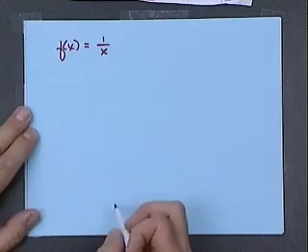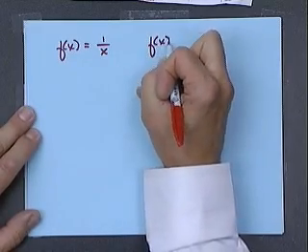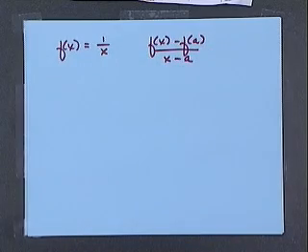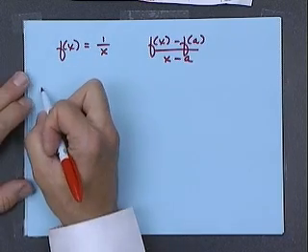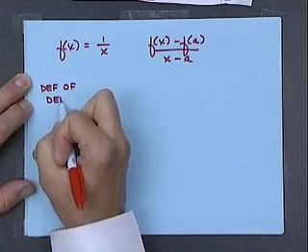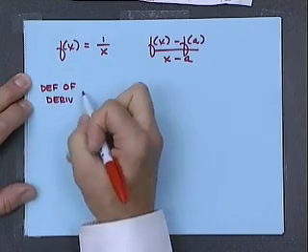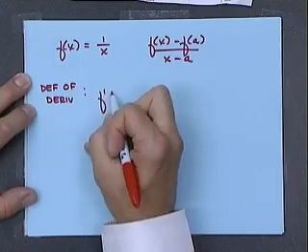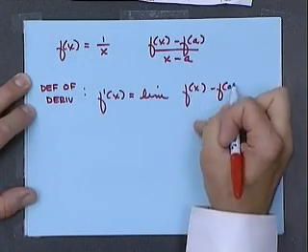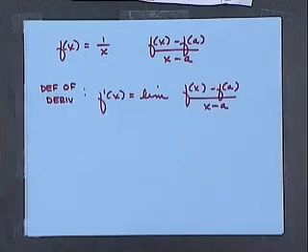So let's say f of x is this, and you are asked to find f of x minus f of a all over x minus a. That's almost one of our definitions of derivative. Now, think about it for a second.